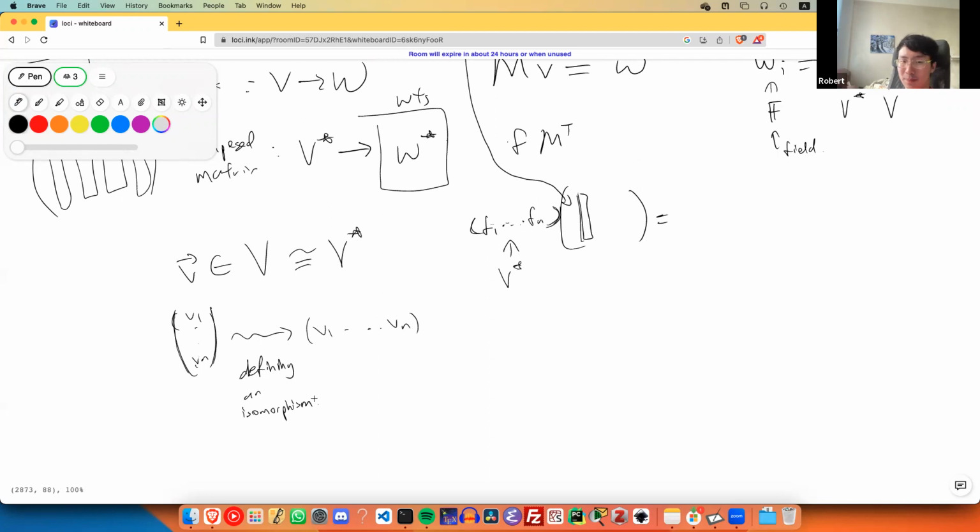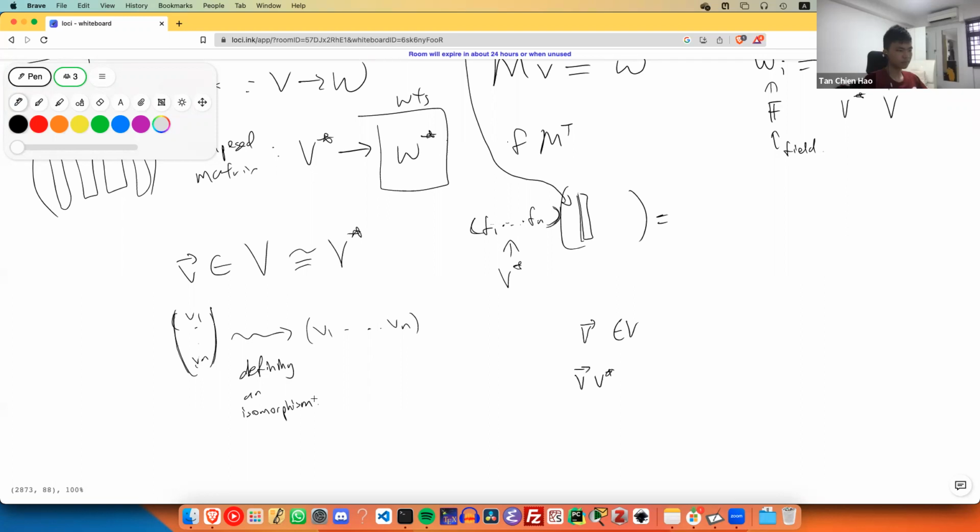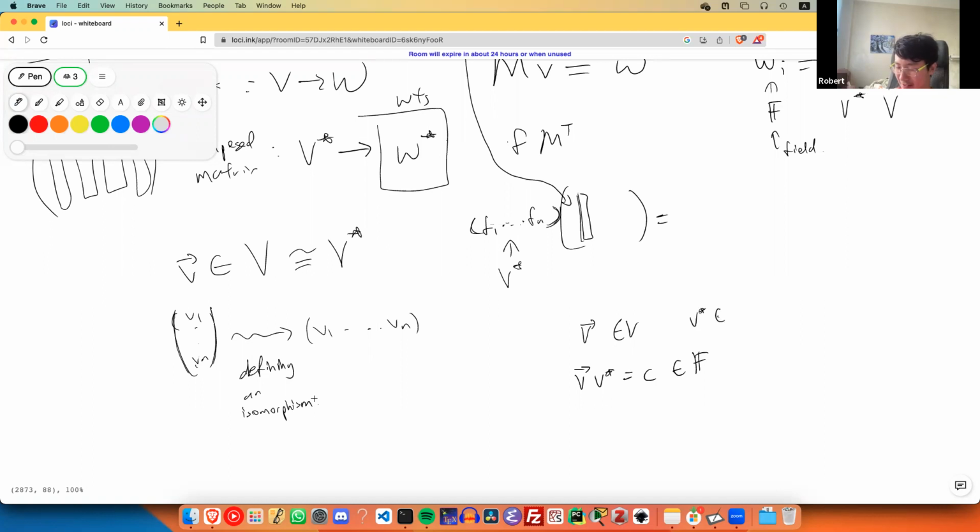I'm guessing, is it just depending on the action of V star on some v, equal to some c in the field, right? I'm not too sure how this works.